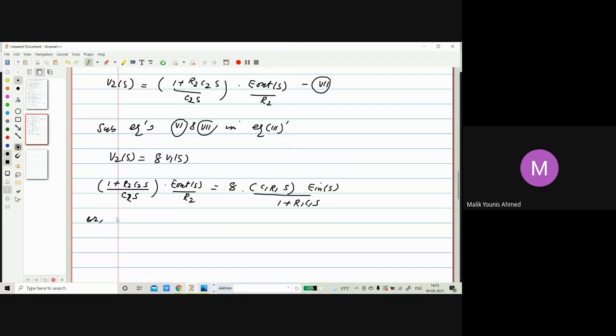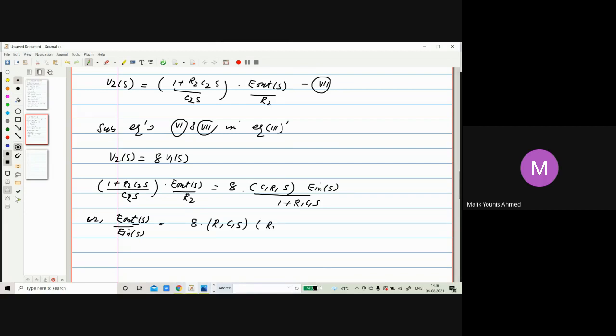What is our aim? Our aim is to find this E out divided by E in of S. So we are taking this here and we will take all the things on the other side. So 8 R1 C1 S, that's the one value. And from here, what will come?